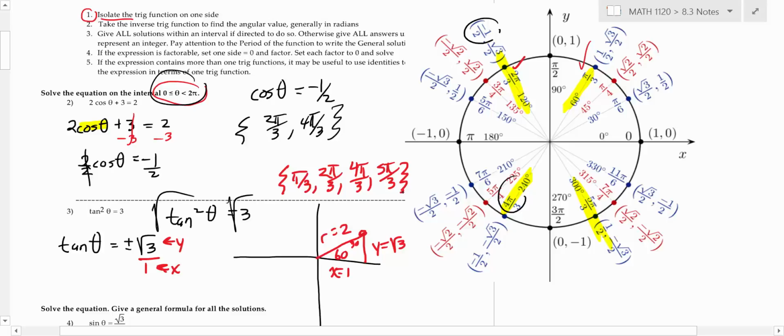If I didn't do that plus or minus, I wouldn't have those answers, but I have an answer in every quadrant like that. And that comes from the fact that the tangent takes on the value of square root of 3 there, and then it's negative there, then it's back to positive there and negative there. There's 4 answers. Does that make sense? It's because plus or minus. You had to do that plus or minus. There's an answer everywhere, every quadrant.